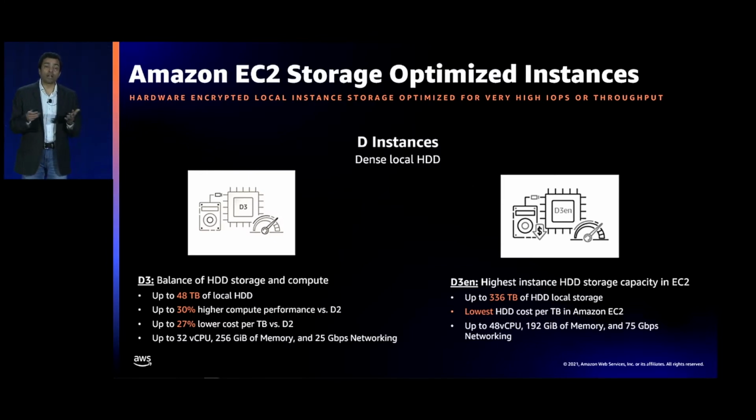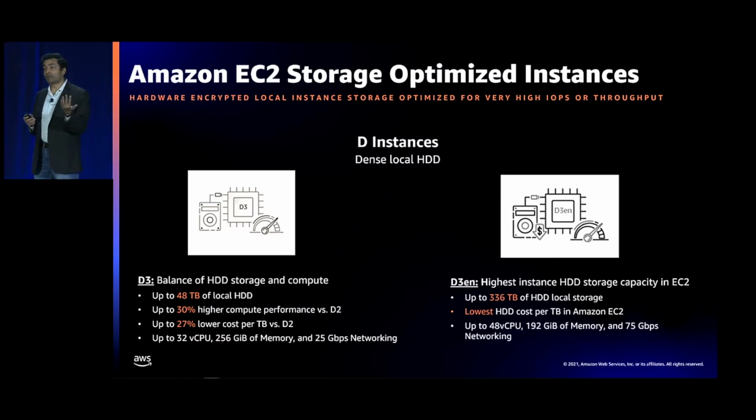It offers the same kind of capabilities, except that it enables up to 30% more compute performance, 2.5x the network throughput, and up to 27% lower dollar per terabyte. So again, easy migration from D2, but offering all of these goodies. It packs in up to 32 vCPUs with 48 terabytes of HDD storage.